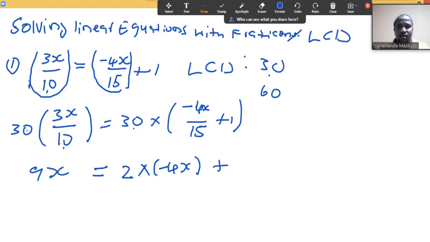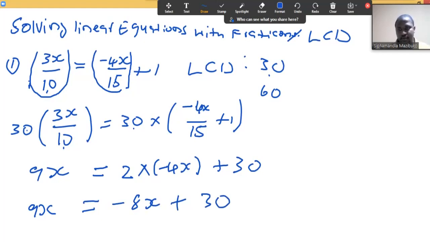So we'll have plus 30, because 30 times 1 is 30, and hence we are left with 9x is equal to minus 8x plus 30.